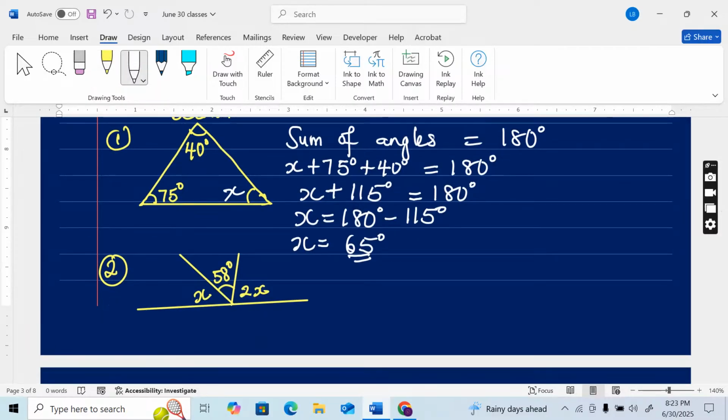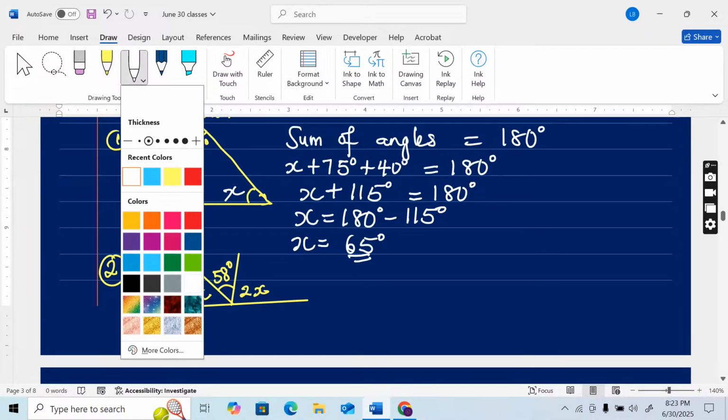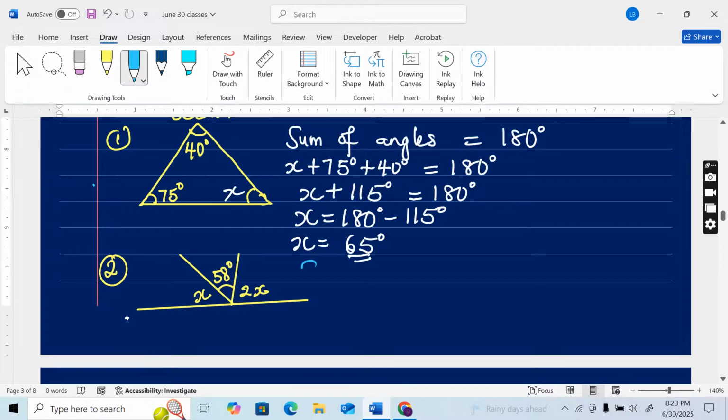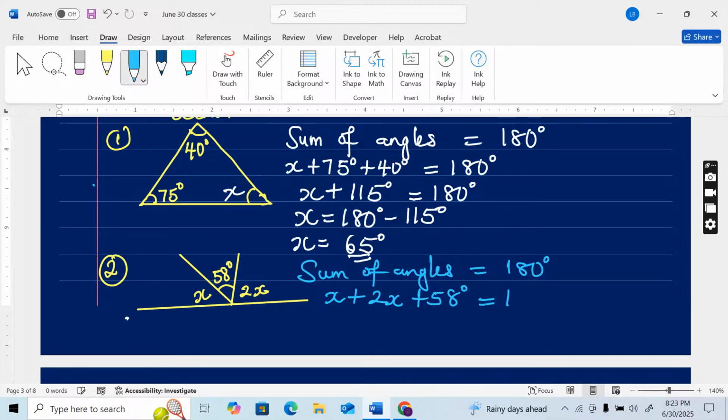So we will say that sum of angles on a straight line equals 180 degrees. So that will be x plus 2x plus 58 degrees equals 180 degrees.